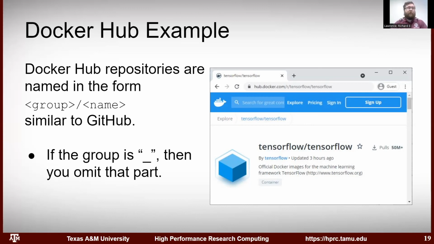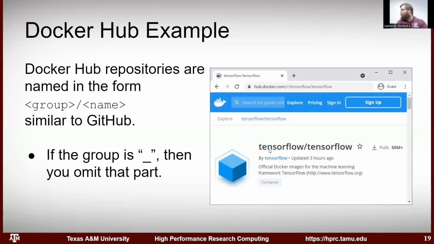And Docker Hub also has a default group, which is the underscore. So if that happens to be the group that published your image, which we'll see one example, then you simply omit that part from the name of the image.